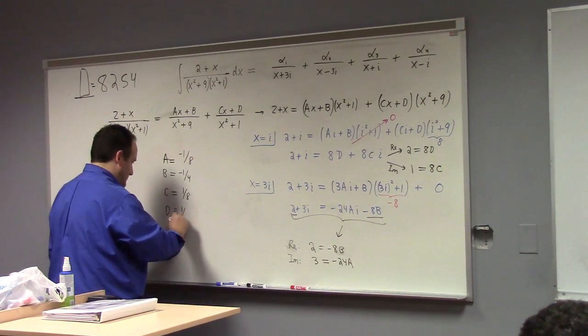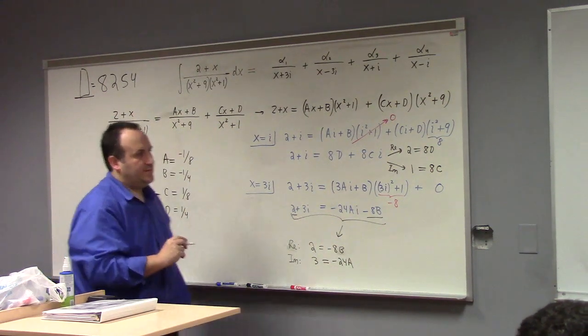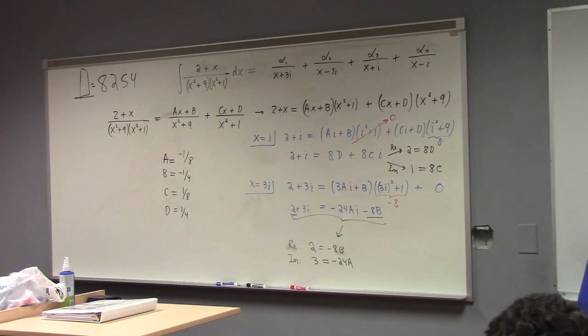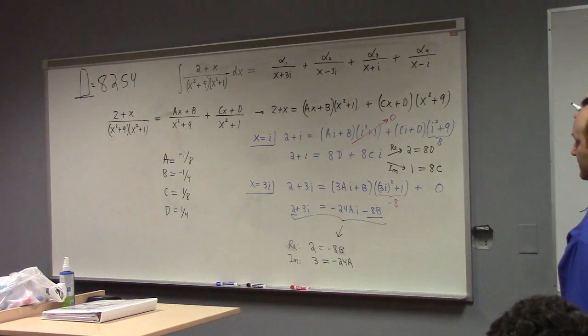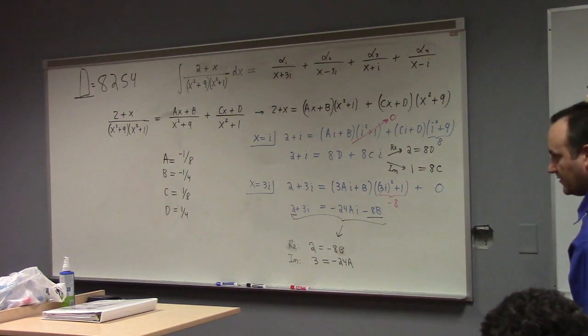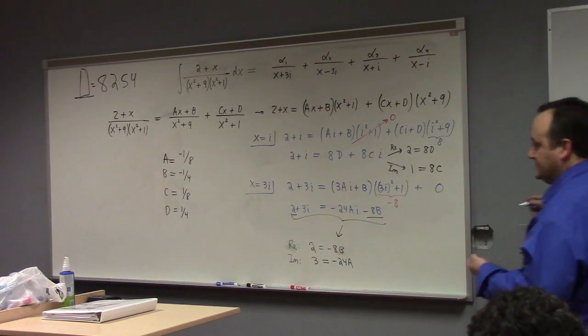All right. So I'm going to be lazy with the fractions and factor out an eighth. Then when I'm integrating, my a is minus 1, so I've got minus x. What was b? Minus 1/4, which is minus 2/8.